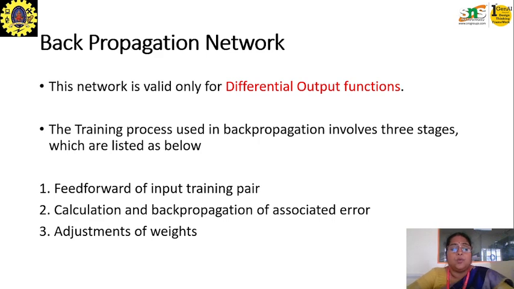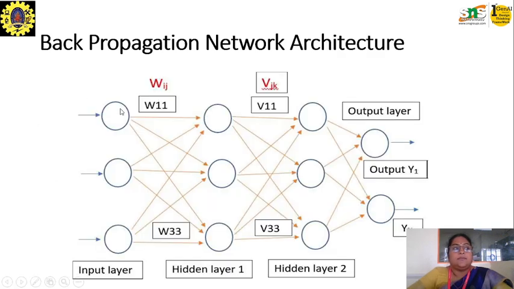The second step involved here is the calculation and back propagation of the associated error. As I already said, after calculating this, each and every node will be tested with the activation function. For example, this input layer will be transmitted to the next layer, and in this particular layer the activation function will be applied. So what is the activation function? It just checks whether the node is active or not.